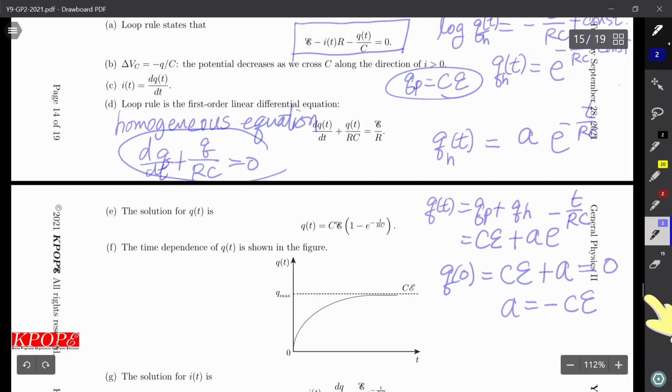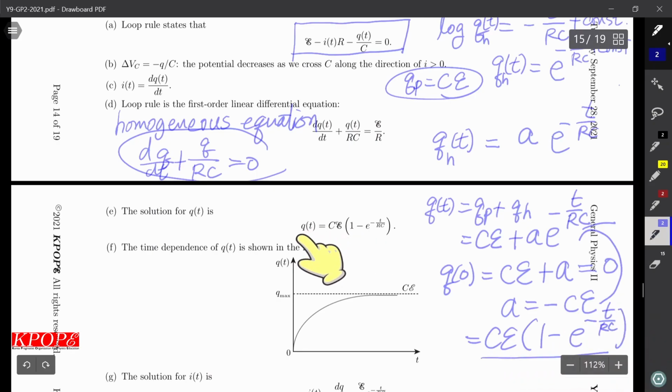Substitute this result in here. We find Q equals CE times 1 minus exponential minus T over RC. This is the answer that is given here.